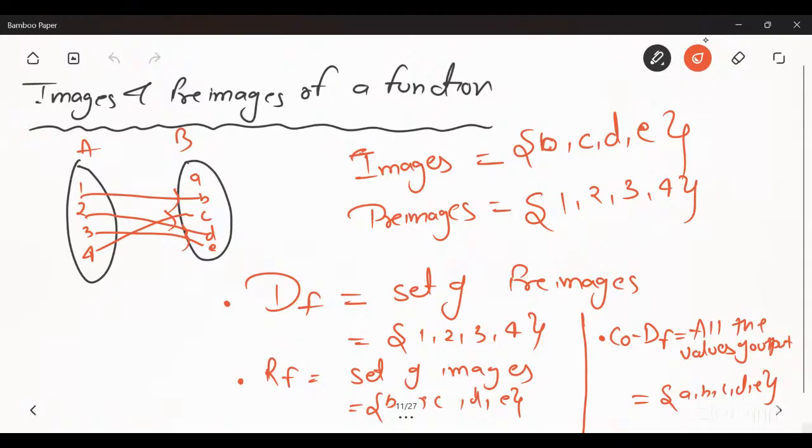All the elements from where the mapping starts are known as the pre-image, or you can simply say all the elements of the input. This is also known as the domain of a function. Domain is the set of pre-images, and the range of the function is defined as the set of the images. And codomain is the set of all possible output values.